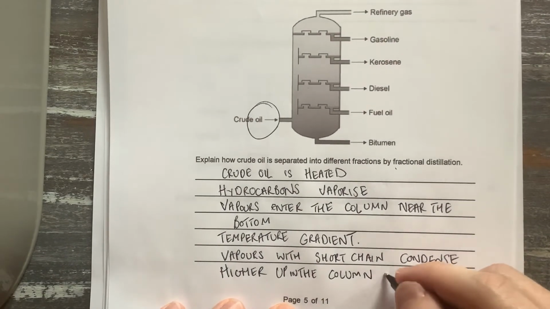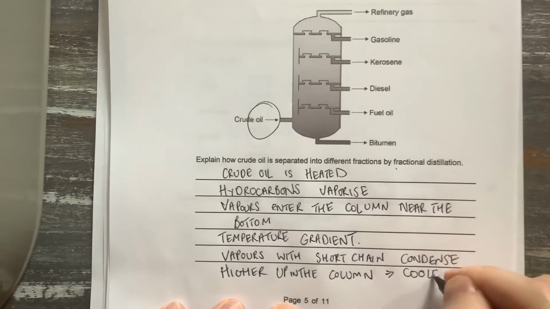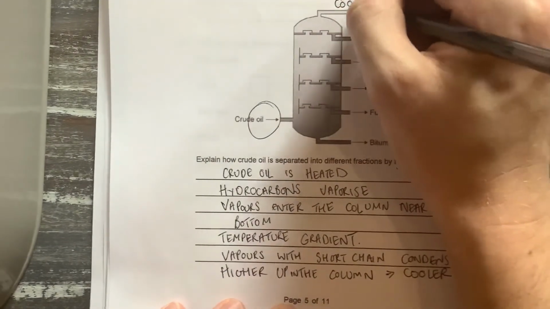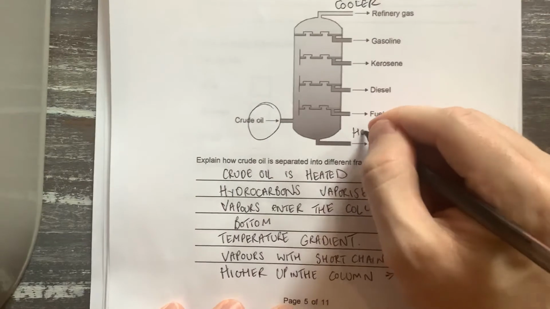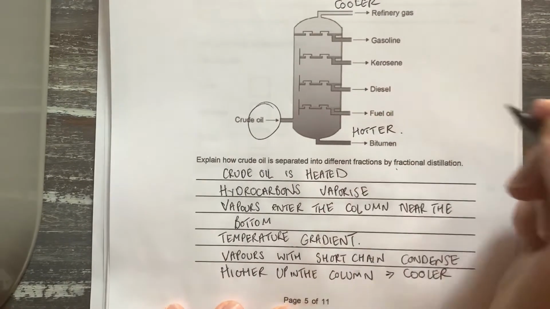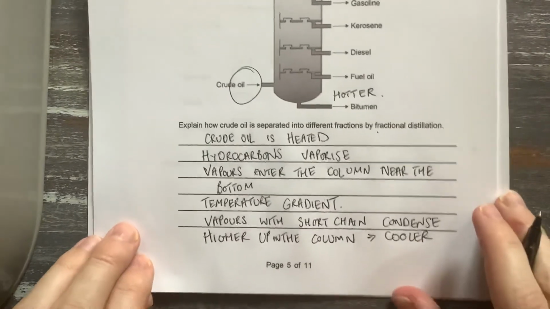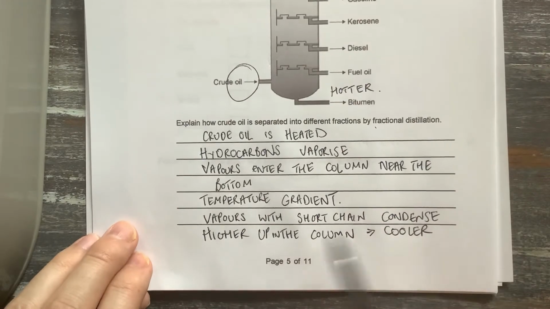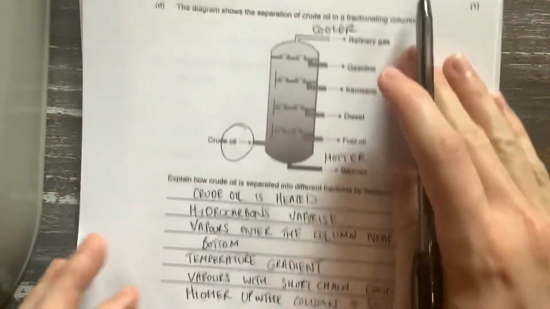And that's because it is cooler at that point. So it's cooler up here. It's hotter down here near the heat source. So the vapors with the short chain condense higher up in the column, up at the top.